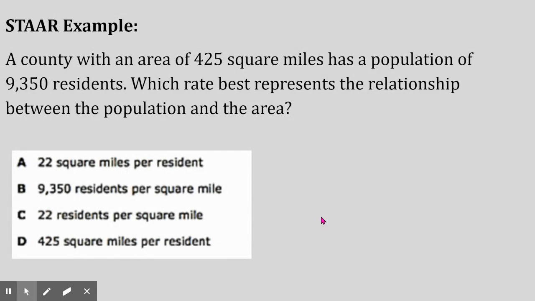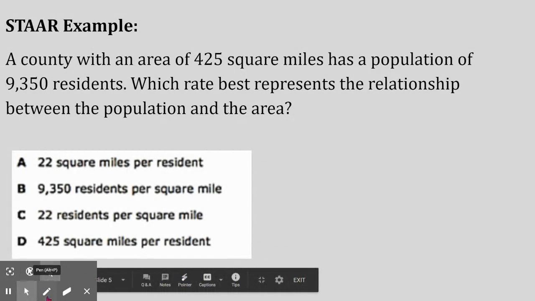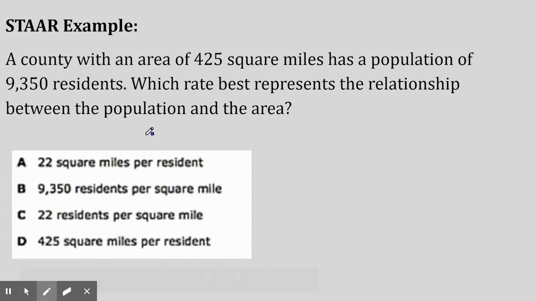It says, a county with an area of 425 square miles has a population of 9,350 residents. Which rate best represents the relationship between the population and the area? Okay, one thing I want to note is for this example, it already gives you what you're comparing.